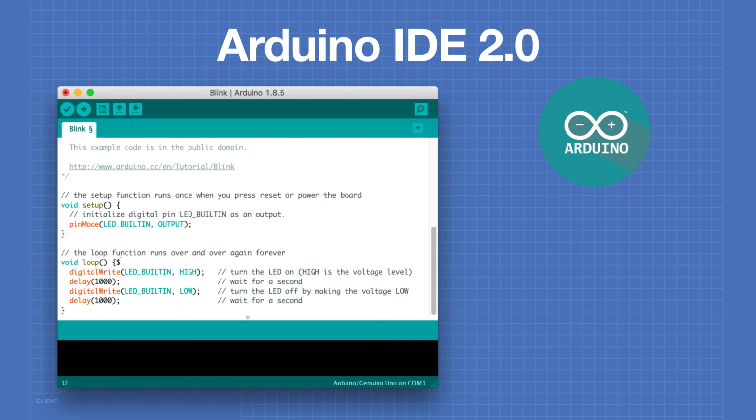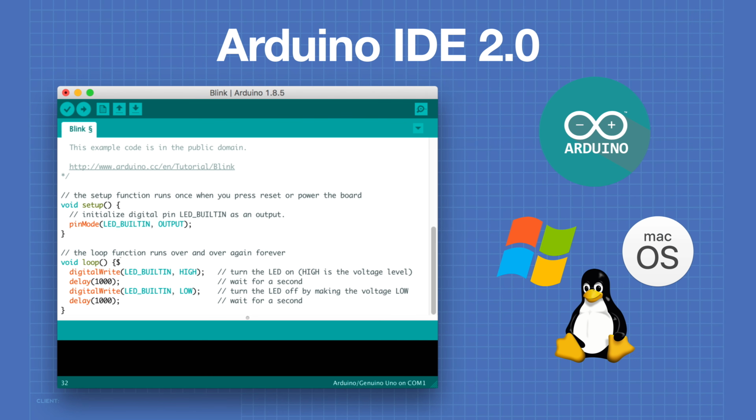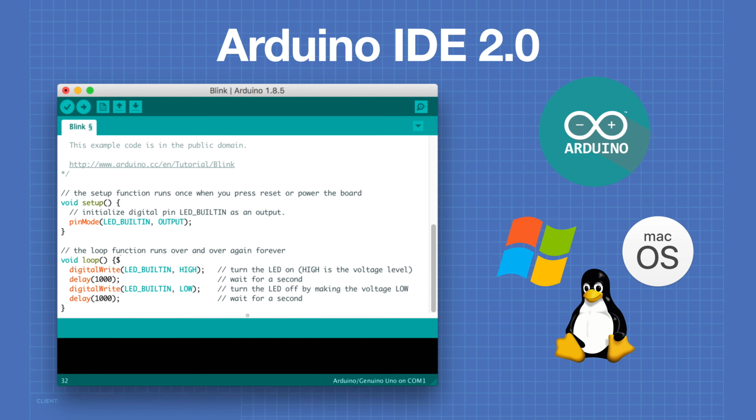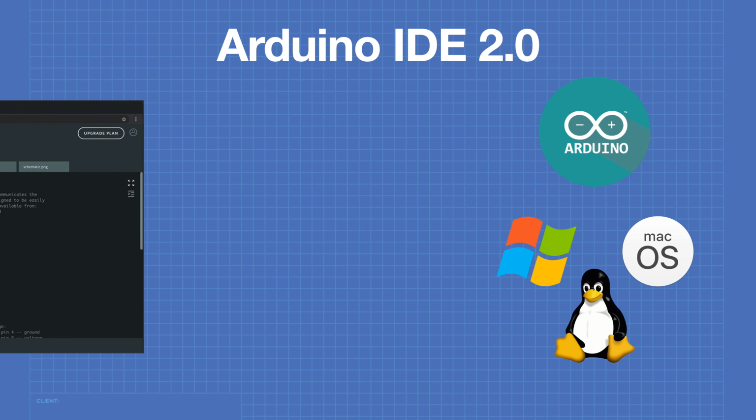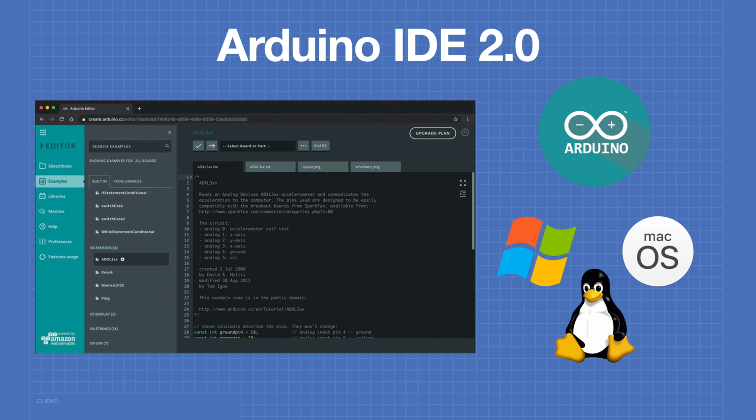The original Arduino IDE was a desktop product that was available for Windows, Mac, and Linux. It had a number of advantages, including the ability to have a boards manager so that it could work with not only Arduino microcontrollers, but other microcontrollers as well. Several years later, Arduino developed a web-based version of their editor.